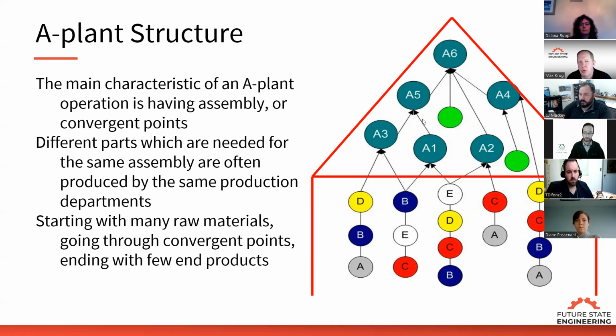Okay, so I worked at GE making locomotives. They're an A plant. So I have all these components to make a locomotive, and then I have the cab assembly, I have the frame, I have the engine, right? That go through different process steps, and then they come together in assembly, and I end up with a locomotive.